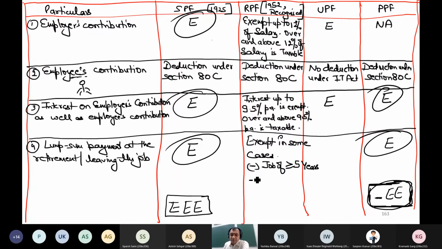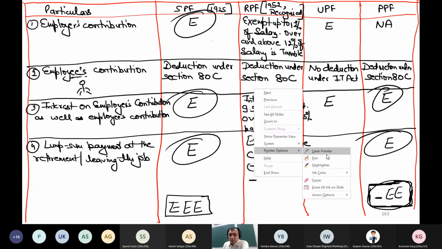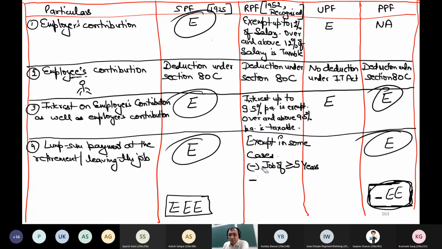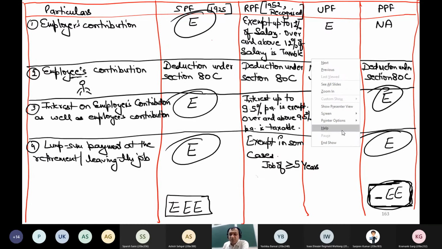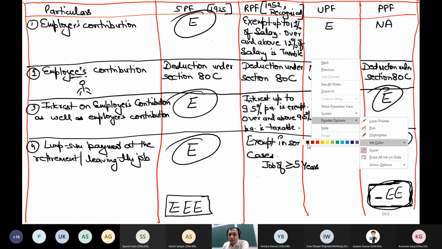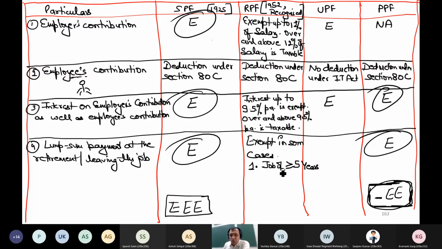I'm telling those cases in which lump sum payment received from recognized provident fund is exempt in the hands of employee. If that person is doing continuous job of 5 or more years, it is tax free.